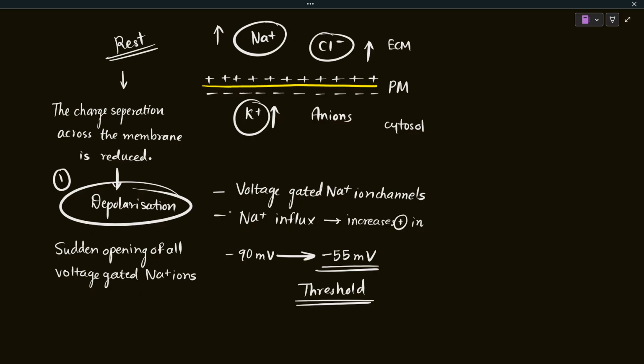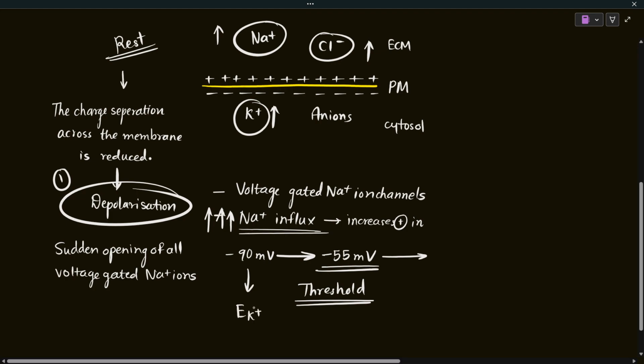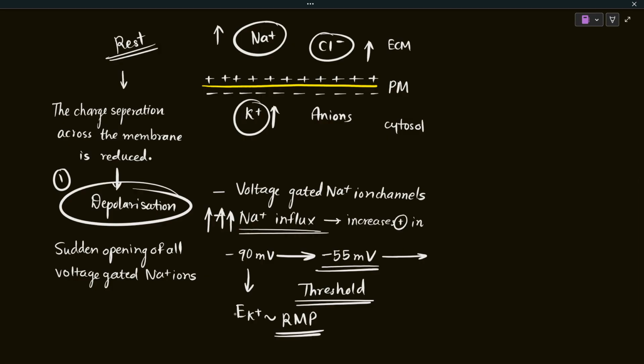This results in more and more sodium influx. The resting membrane potential was almost similar to the equilibrium potential of potassium ions, because the potassium ions were in equilibrium. But now the membrane potential starts shifting towards the more positive side, because the charge separation is reduced, and it reaches about positive 40 millivolt.